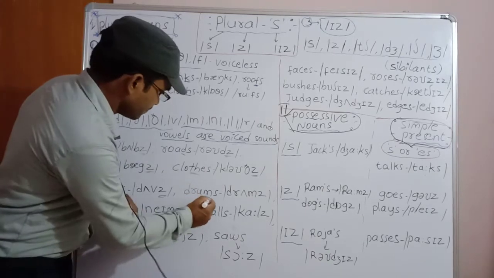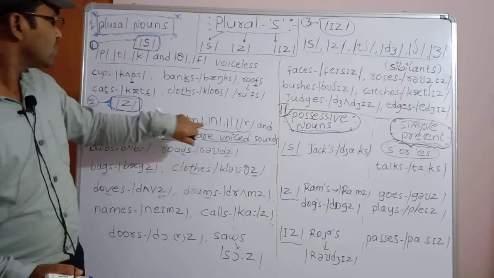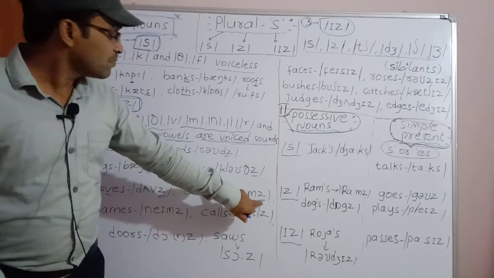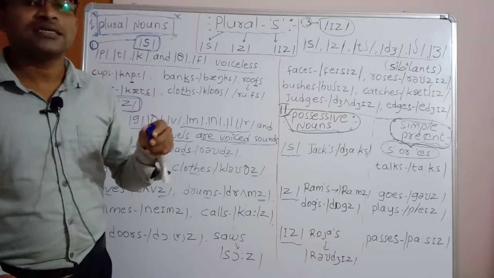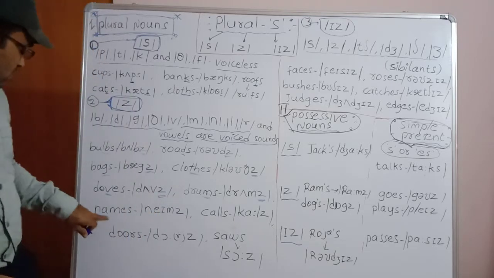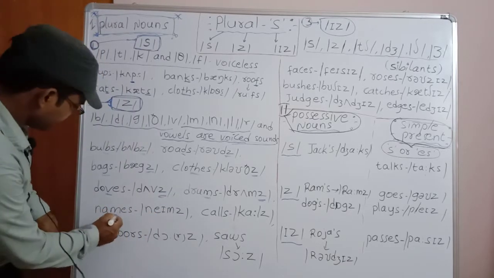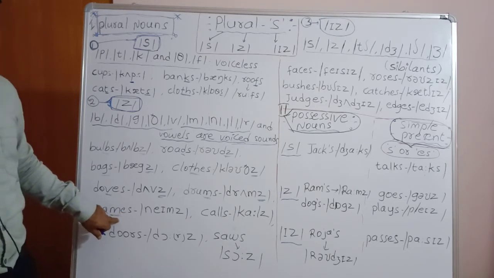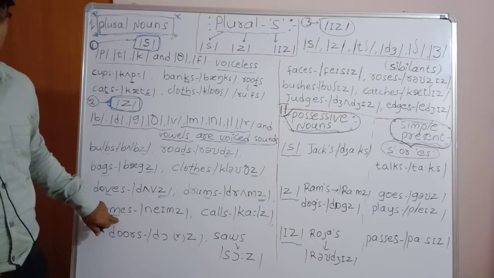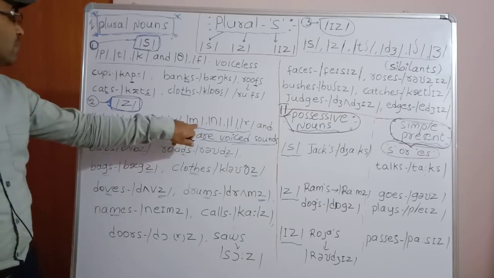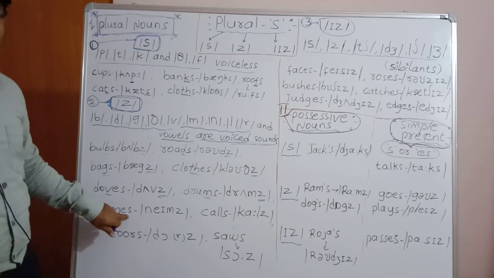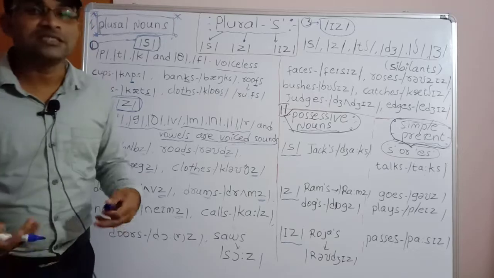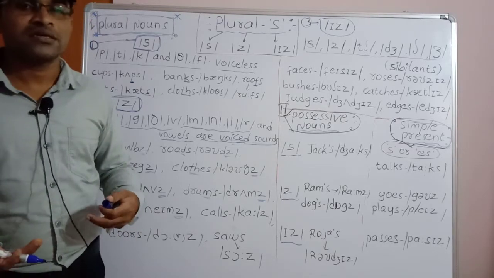Drum, m, the plural s is pronounced as z. Drums. Name, followed by a vowel, but the sound is m. The suffix s is pronounced as z. Names.